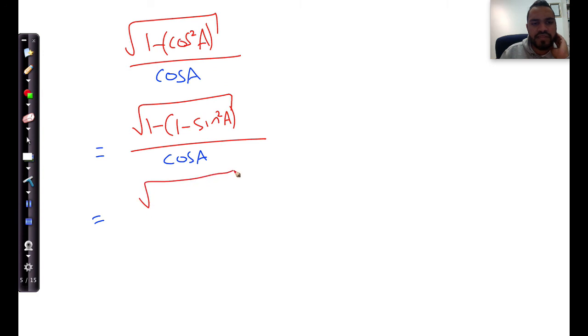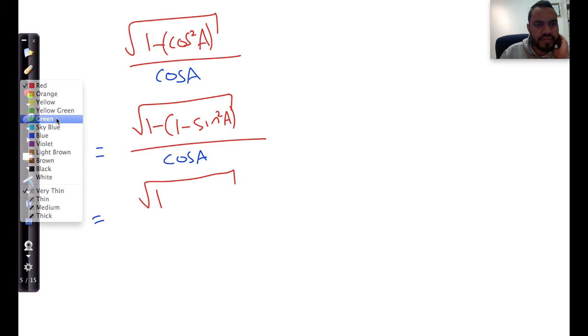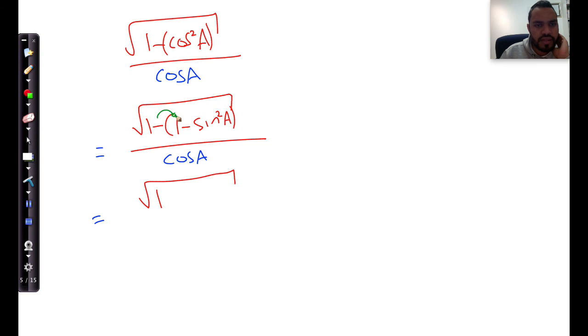If I simplify the top, I've got 1. I multiply the minus into that, and I'm going to get minus 1. And I multiply it into the sine squared, I'm going to get positive sine squared A. And I'm going to then divide, and I get cos of A at the bottom, which is already there.